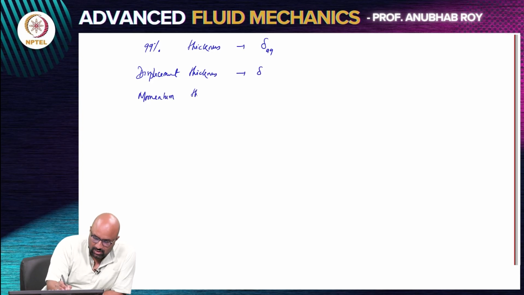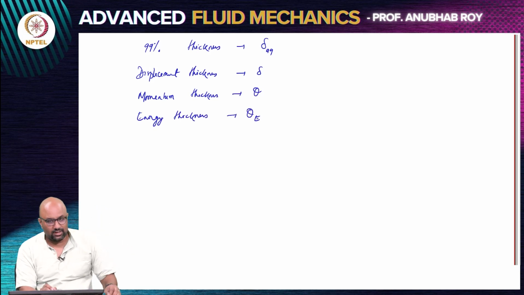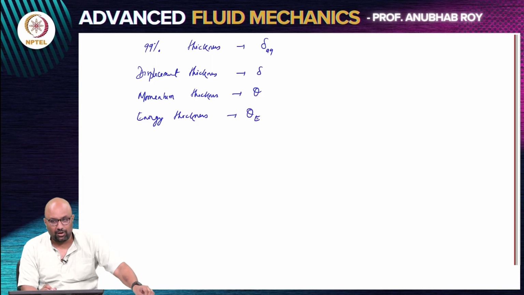These are all based on integrals of the boundary layer profile, and we also know about the energy thickness. All of these quantities can be computed from your expression for the boundary layer profile.